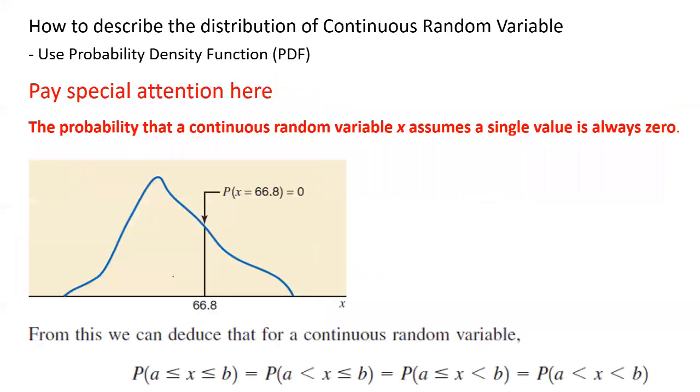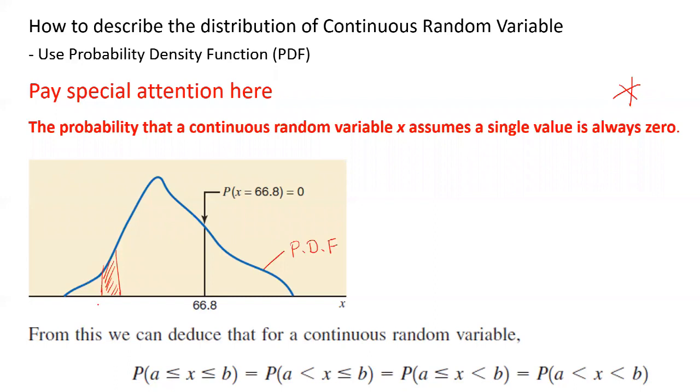All right, next, you should pay special attention here. The probability that a continuous random variable x can assume a single value is always 0. This is very important because, as we said, the area between any two values of a PDF stands for the probability of x lying in this interval, right?